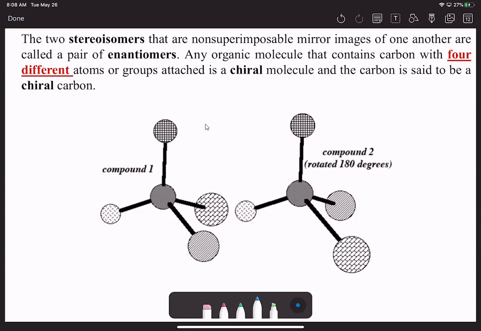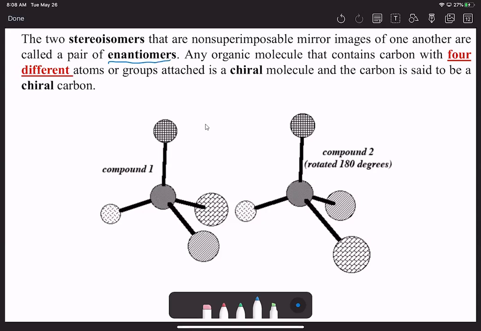So stereoisomers cannot be superimposed, even though they look identical to another molecule. So when we have these stereoisomers that are not superimposable, we call those enantiomers.